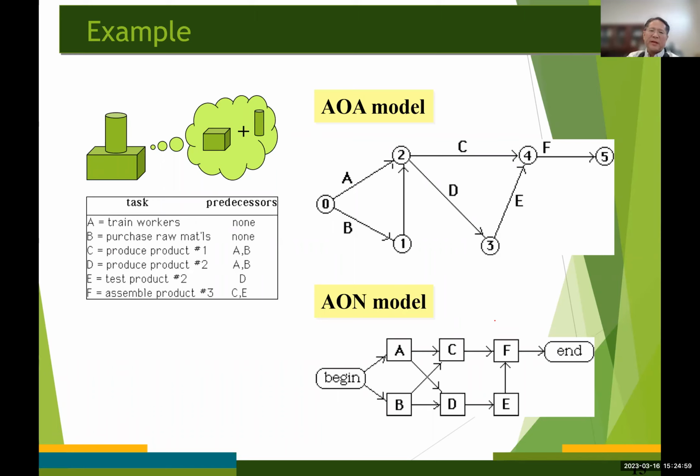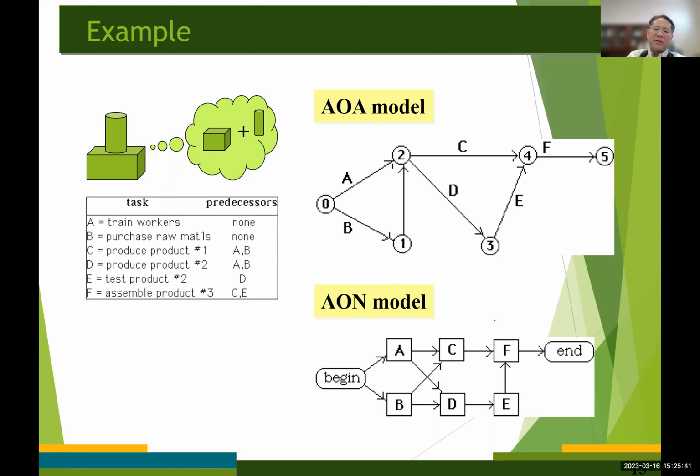In the AOA model, if you recall, the activities are represented by directed arcs or arrows, and the nodes are used to represent the completion of a set of activities. In the AON network model, the activities are represented by nodes, and the directed arcs are used to represent the precedence relationships.